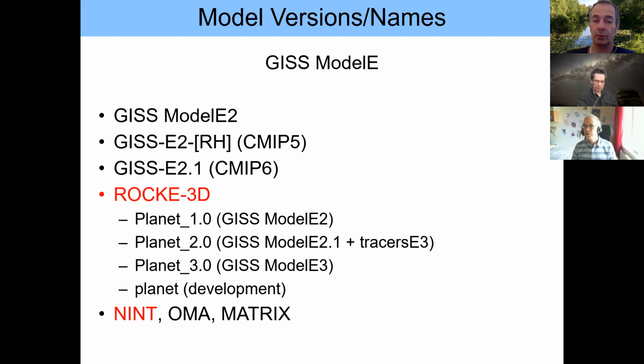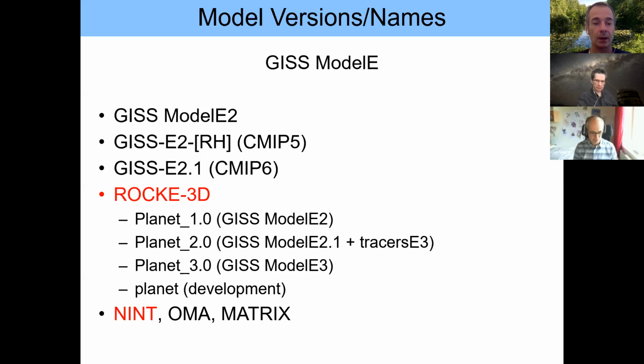We do not have a date for when this is going to be released for usage, but it's not going to be in the next month or two. So we're working on that. So the next model you will be receiving is Planet 2.0, and we hope that this will not be very long from now.